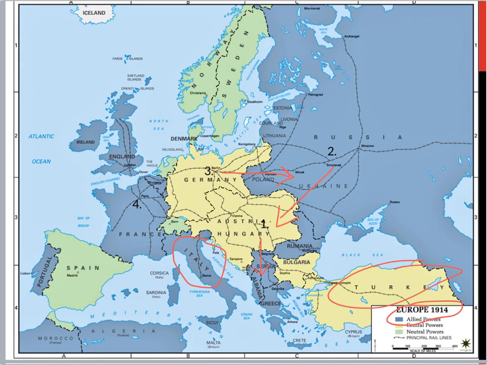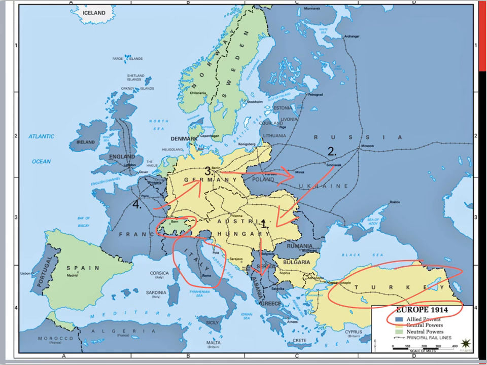So, like we said, France was part of the Triple Entente, and after Russia and Germany begin this war, France is now obligated to fight the Germans as well, and the Austrians too. But you'll notice there's no real way for France and Austria to directly fight, because neutral Switzerland is right here in between the two.